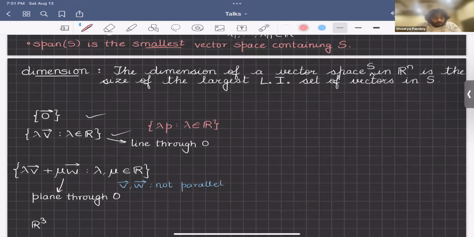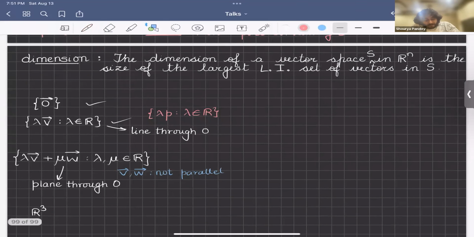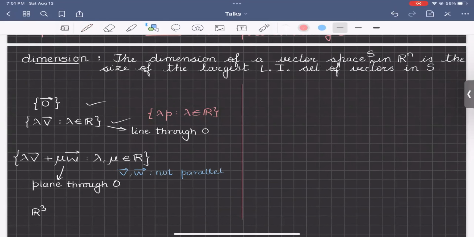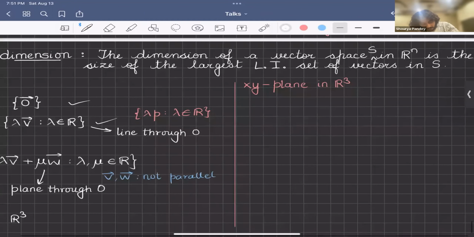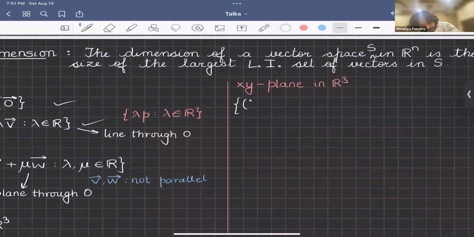No, it won't be. So let's take the example of the XY plane in R3. What does that look like? It looks like lambda, mu, 0 for real lambda and mu.